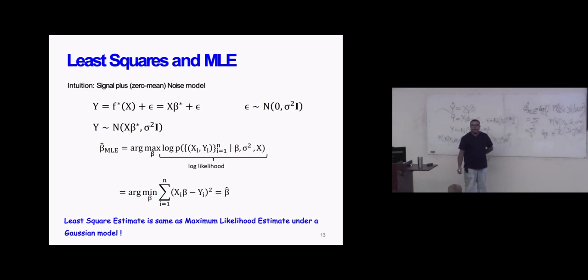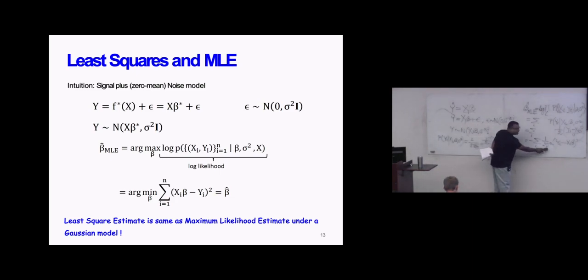Let's plug in the log again. If we do that, log and e to the power cancel, and all that remains is this term, which is essentially minus 1 over 2 sigma square, yi minus x beta, whole square. Right?